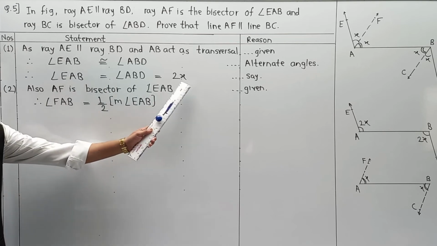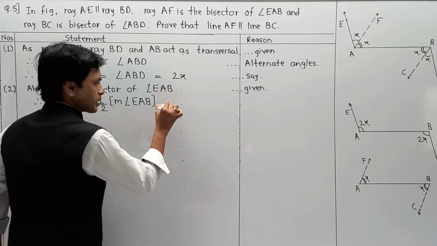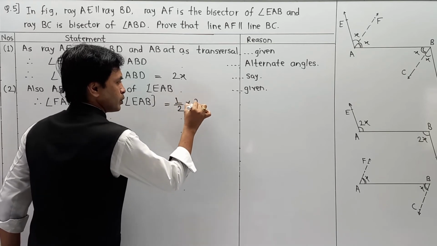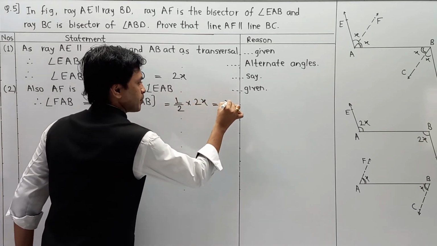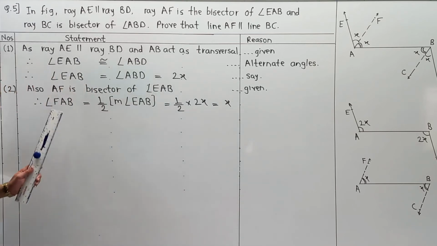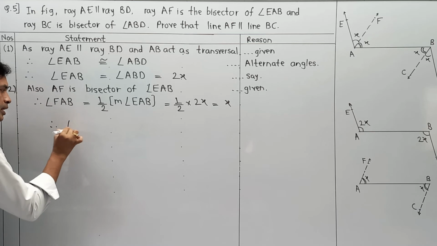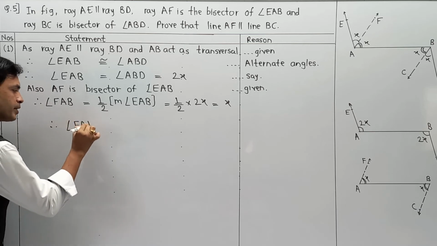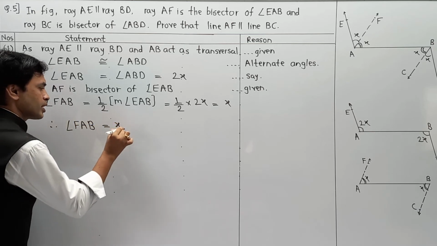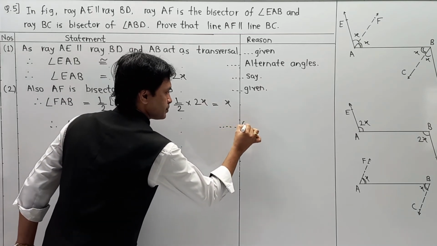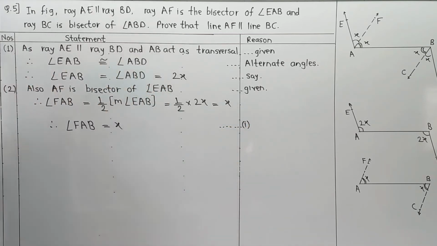But EAB is 2x, so half of 2x becomes x. Therefore, angle FAB is equal to x, and I am going to call it equation number 1, because it is required in the next part.